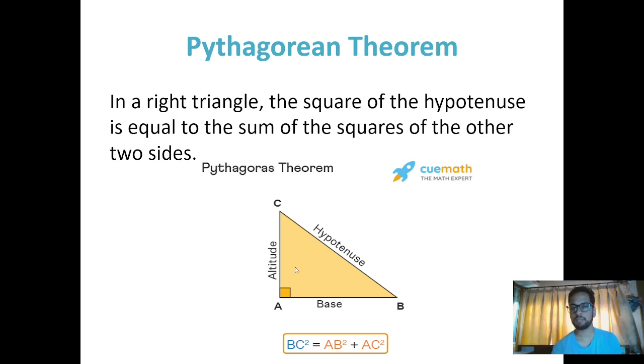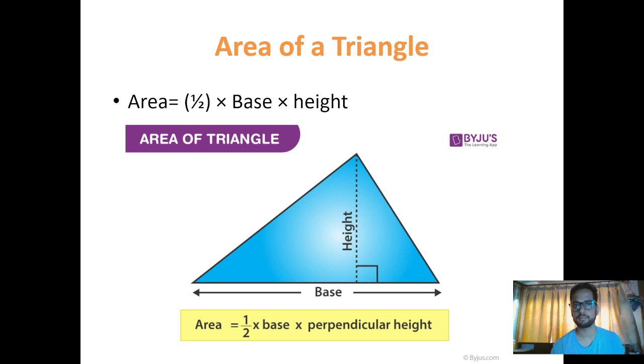This theorem applies only to the right angle triangle. So you can see BC square, that is hypotenuse square, equals AB square, that is base square, plus AC square, altitude square. This is your Pythagoras theorem.